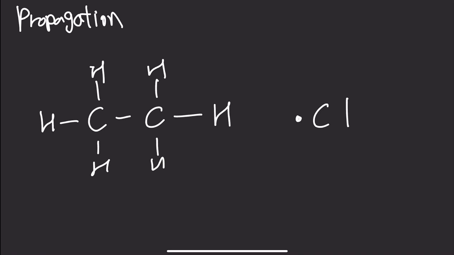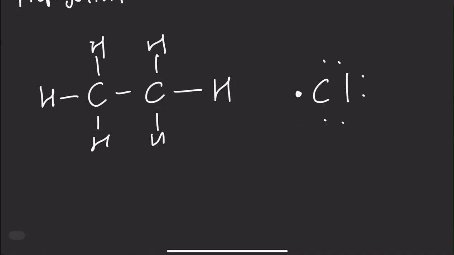Well, let's represent the lone pairs like this. In this step, the hydrogen sticks to chlorine, making an ethyl radical, like this.